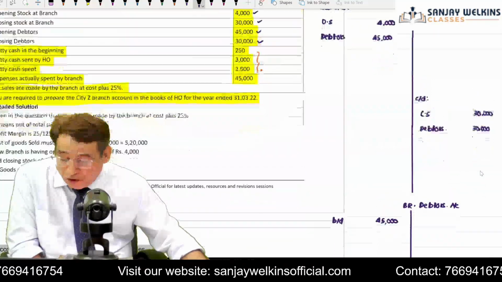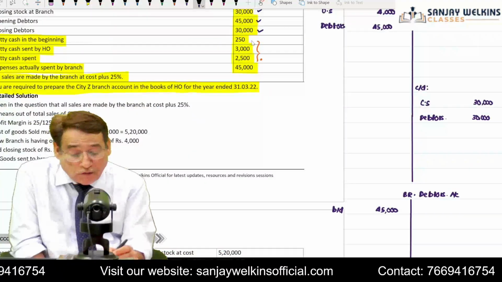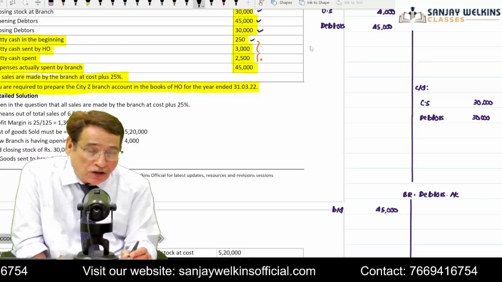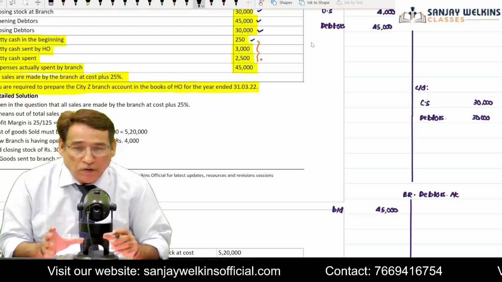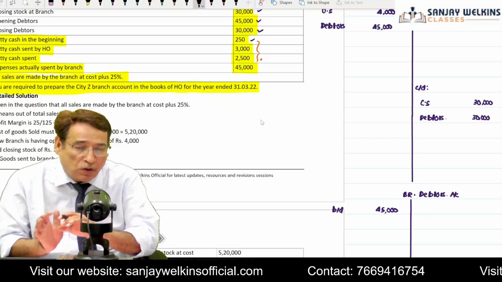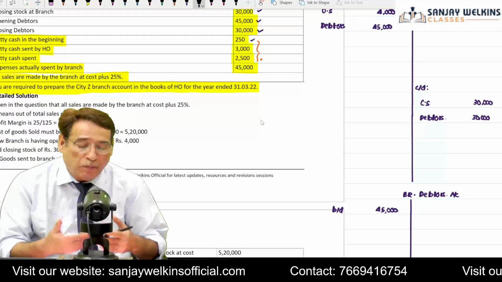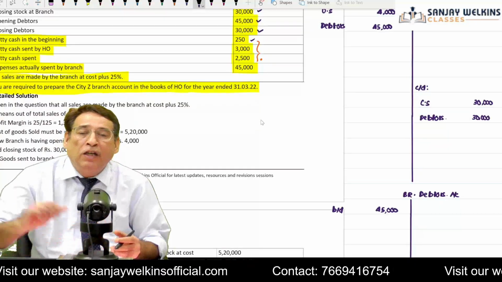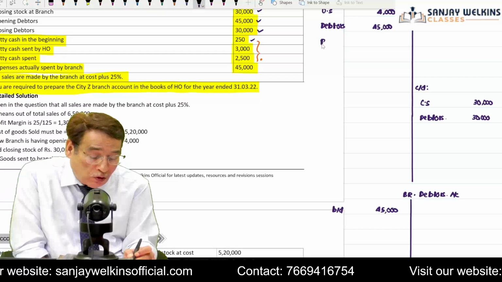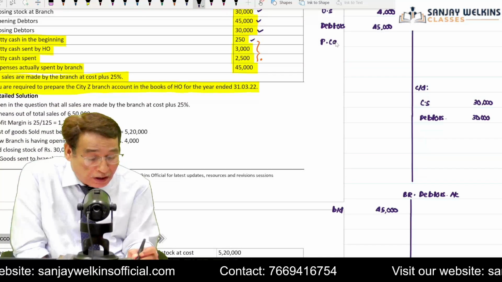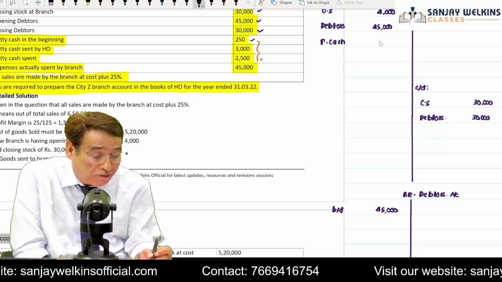This is the information. Then in this question, we are also given petty cash in the beginning. I have already told you petty cash is generally a policy adopted by the head office to keep some cash with the branch so that the branch can meet some routine expenses. So, first of all, the opening balance, I am going to write here petty cash, equal to 250.